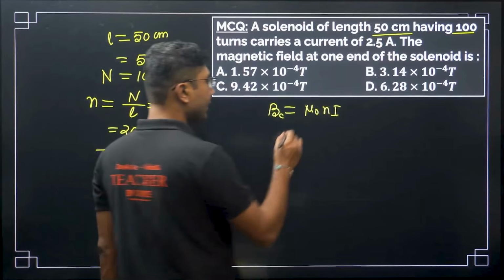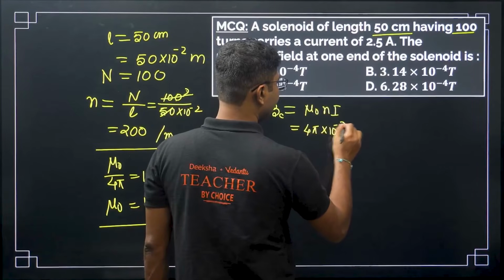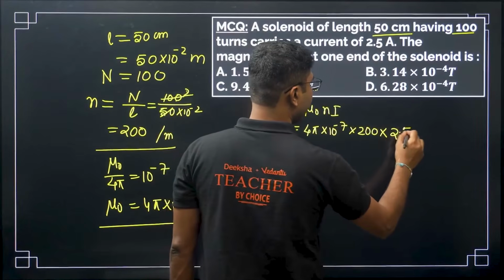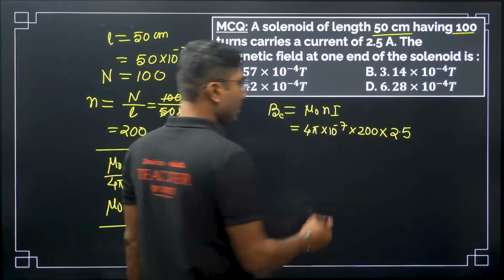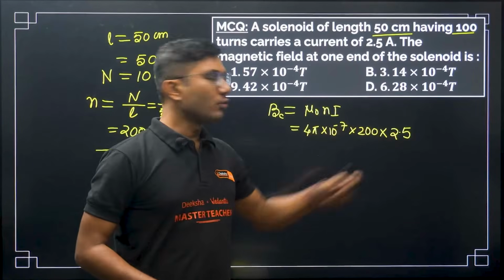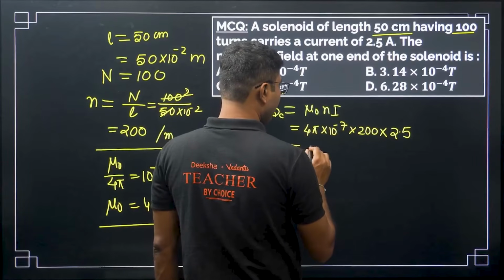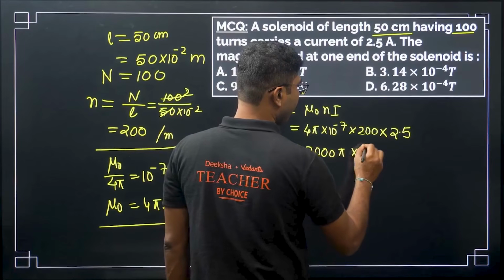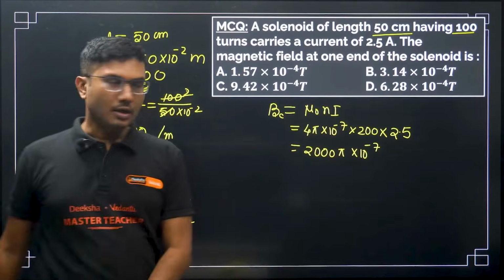Put that value over here, you will get 4 pi into 10 to the power of minus 7. n is 200 and current is 2.5 ampere. Just simply multiply it and simplify. So 4 into 2.5 is 10. So it will be 2000 pi into 10 to the power of minus 7. Right? 200 into 10 is 2000.